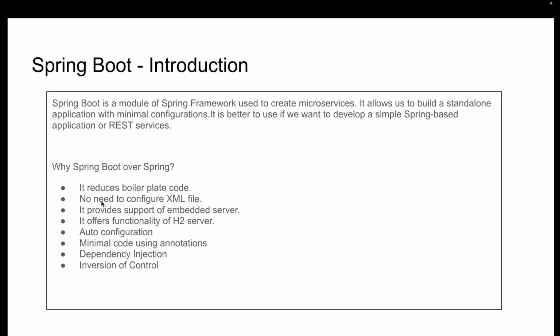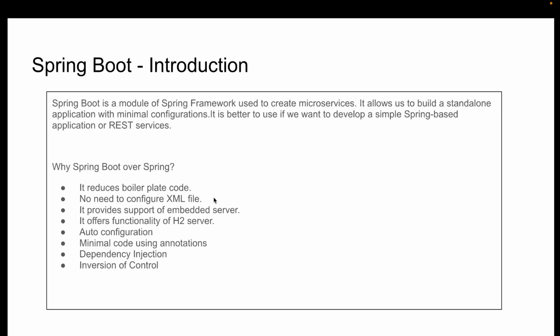So let's see the second point. No need to configure XML file. When we used Spring Framework or Spring MVC framework, there were a lot of configurations done in an XML file.